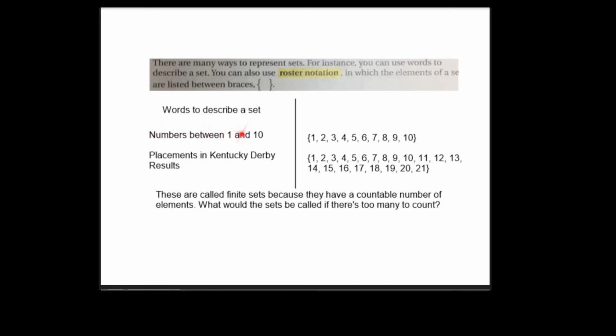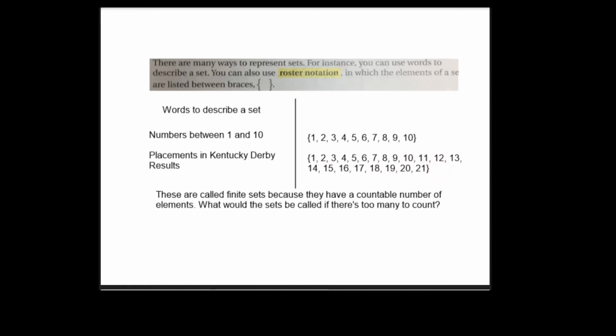So if I'm using a word notation here, numbers between 1 and 10, here is the roster notation of that set. Brace, 1, 2, 3, 4, 5, 6, 7, 8, 9, 10, closing brace. Placements in Kentucky Derby results. There are 21 horses in the Kentucky Derby. So we have brace, 1 through 21, all listed, and then closing brace.